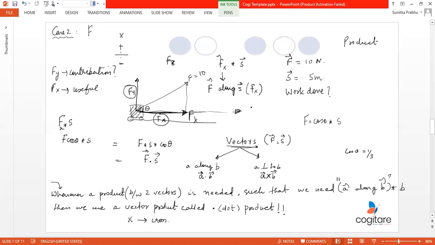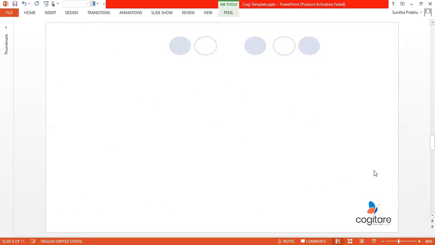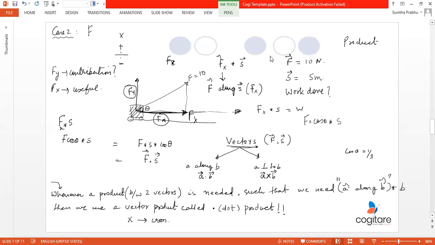Fx. That means I'm interested in Fx multiplied by S. So when such entities are required to be computed, then we use what is called the dot product. Please make a note of this.